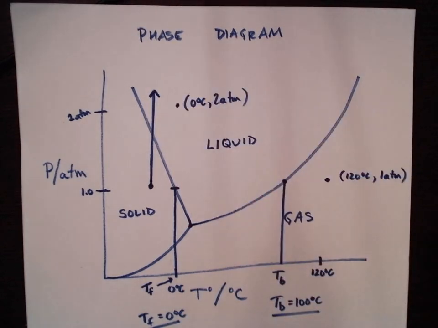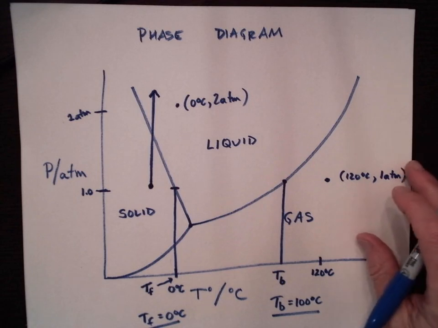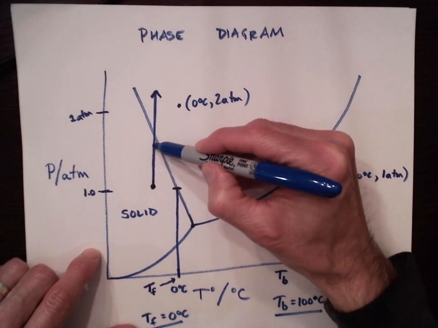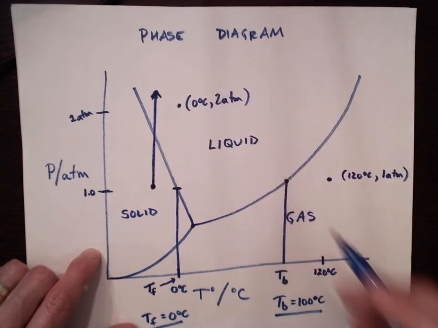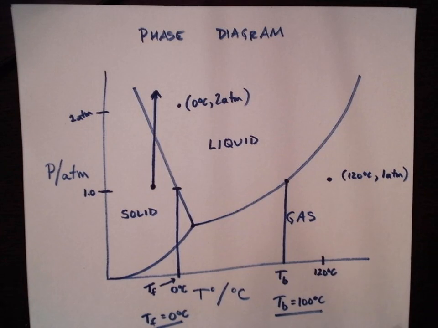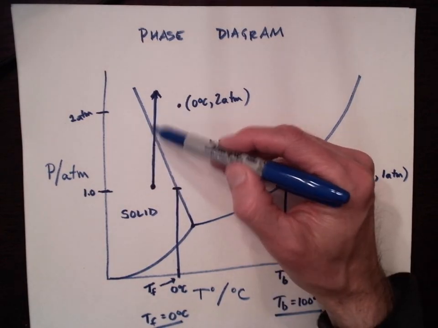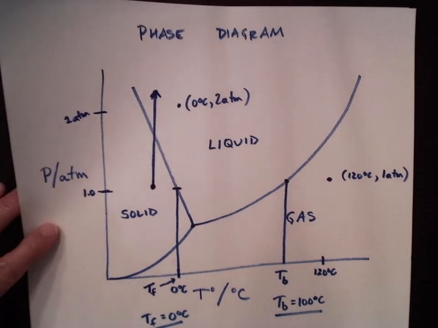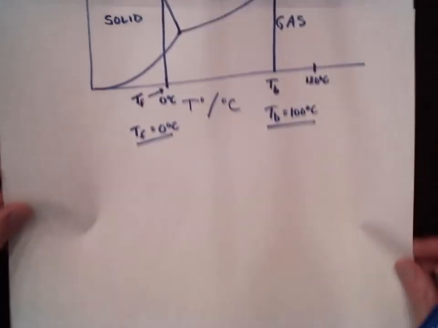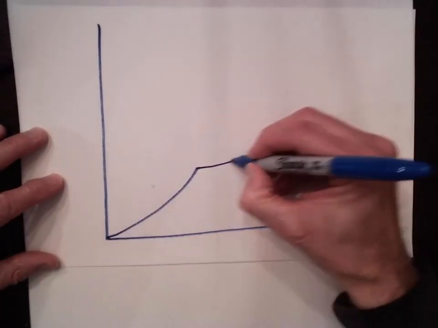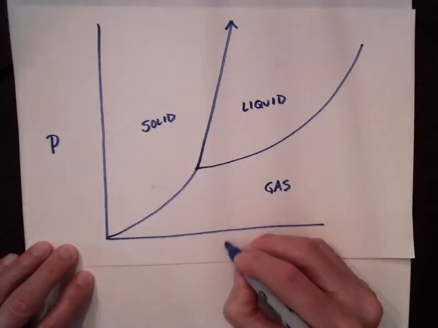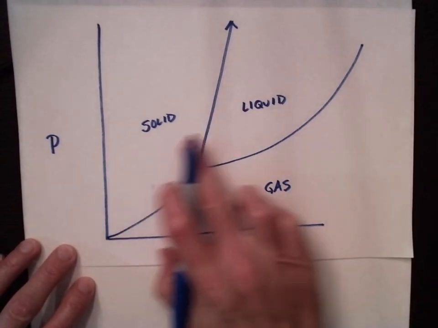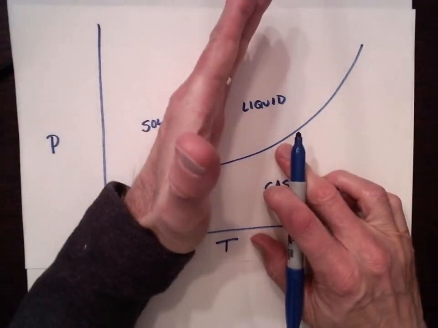And this is a curious feature of water. Water and a few other substances do this, where if you apply pressure to the solid, you move to the liquid phase. It's usually the opposite case, that when you apply pressure to the liquid, a solid forms. Now, how might that look on a phase diagram for a substance that does the opposite of water? Most substances have a phase diagram where the solid-liquid line leans in this direction.